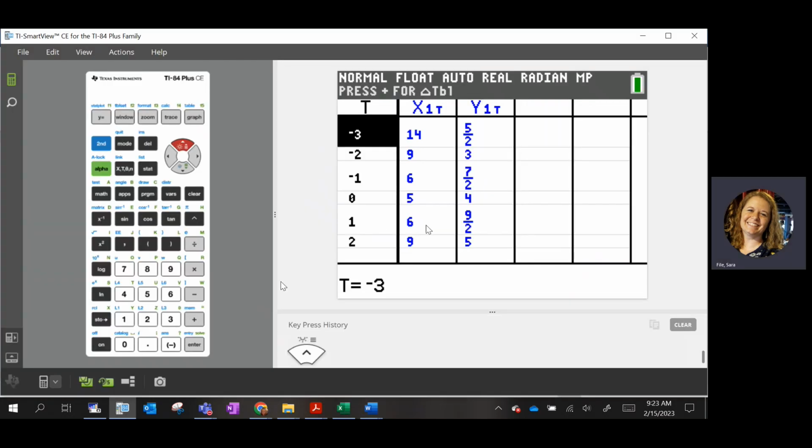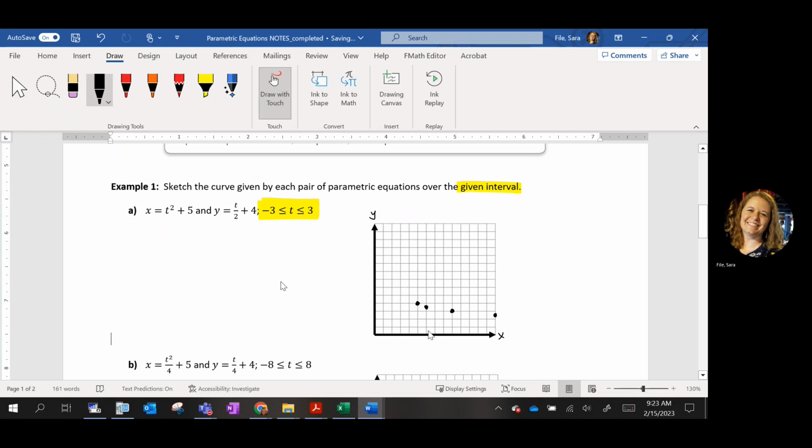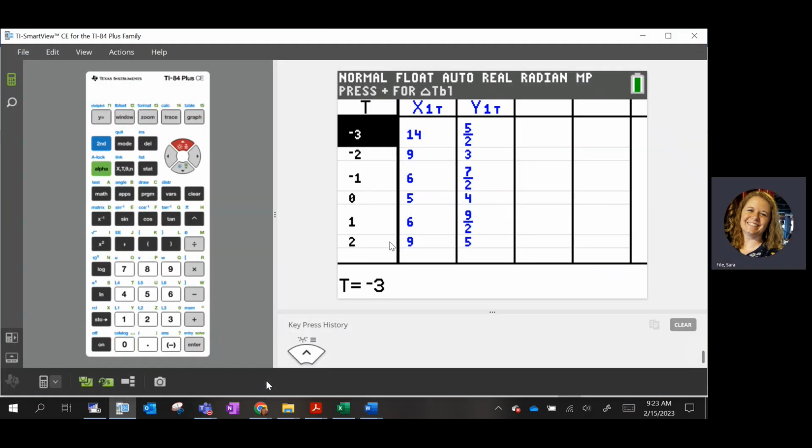And then when t is 1, it's 6, 4.5. And when t is 2, it's 9, 5.